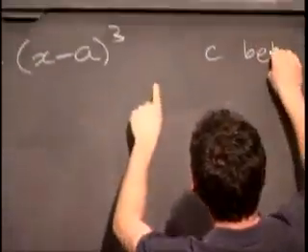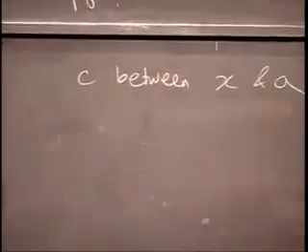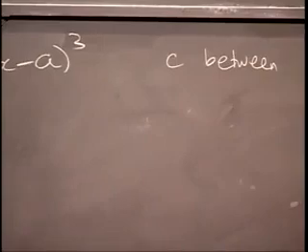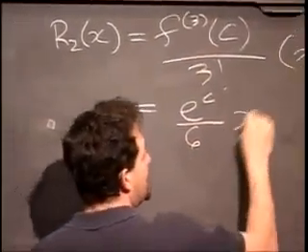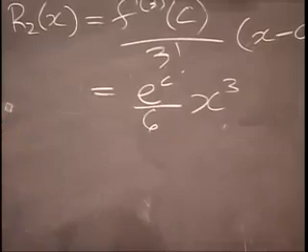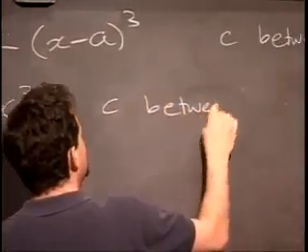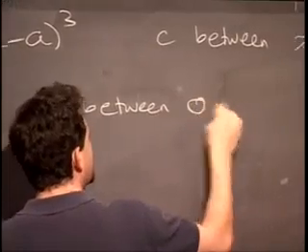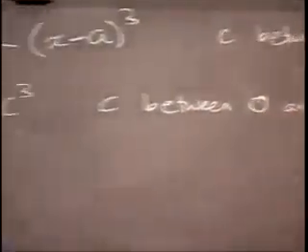Now, here I have c between x and a. That's the general formula. Again, the third derivative is e to the c, and it's going to be over 6, times x cubed, because a equals 0. And c is between 0 and x. So now, what have we done?